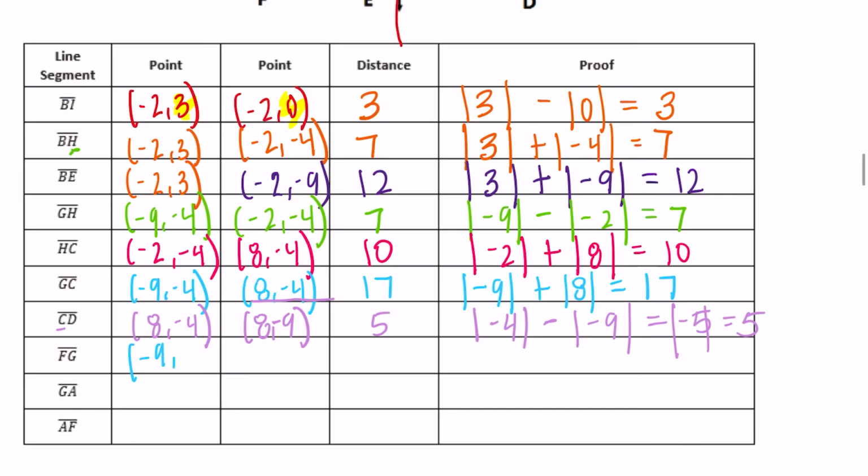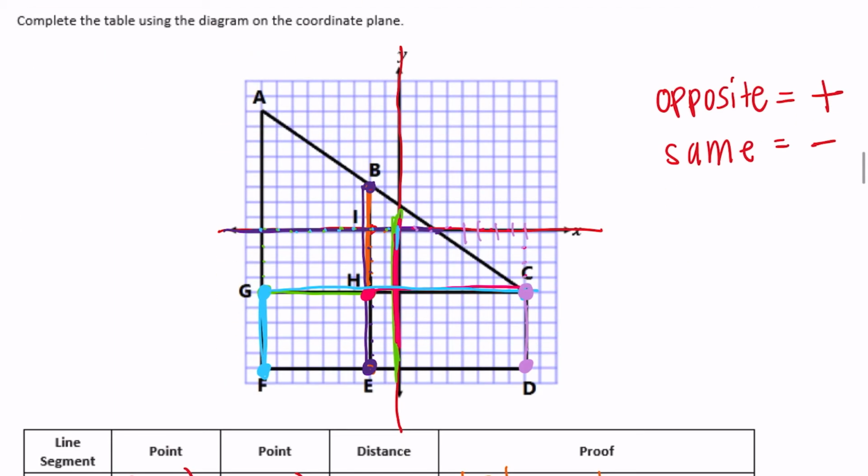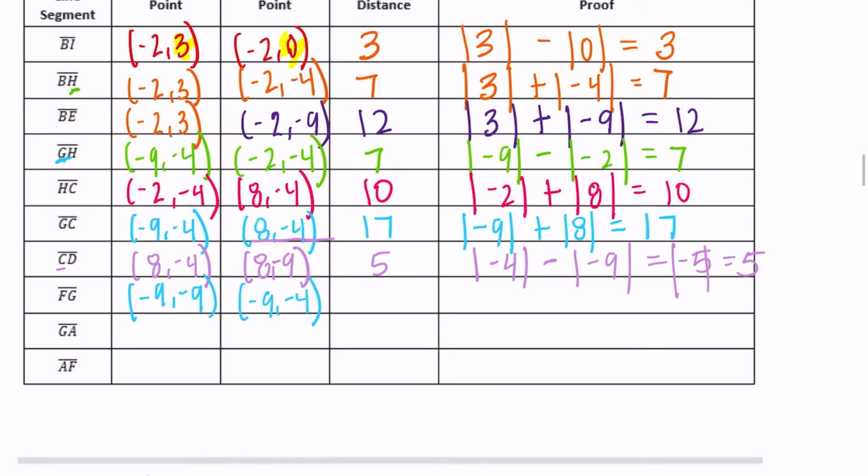And then G, we've already found before. It was right there, the first one, -9, -4. So FG does not cross 0, so we are going to subtract their absolute values. So we have the absolute value of -9 minus the absolute value of -4 is equal to 5. So their distance is also 5.